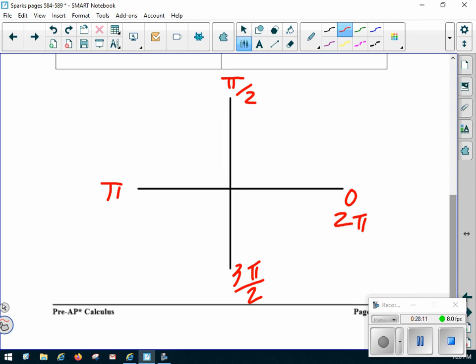What's pi divided by 2? Physically do pi divided by 2 on your calculator. Okay, 1.57 roughly. Pi is roughly 3.14.